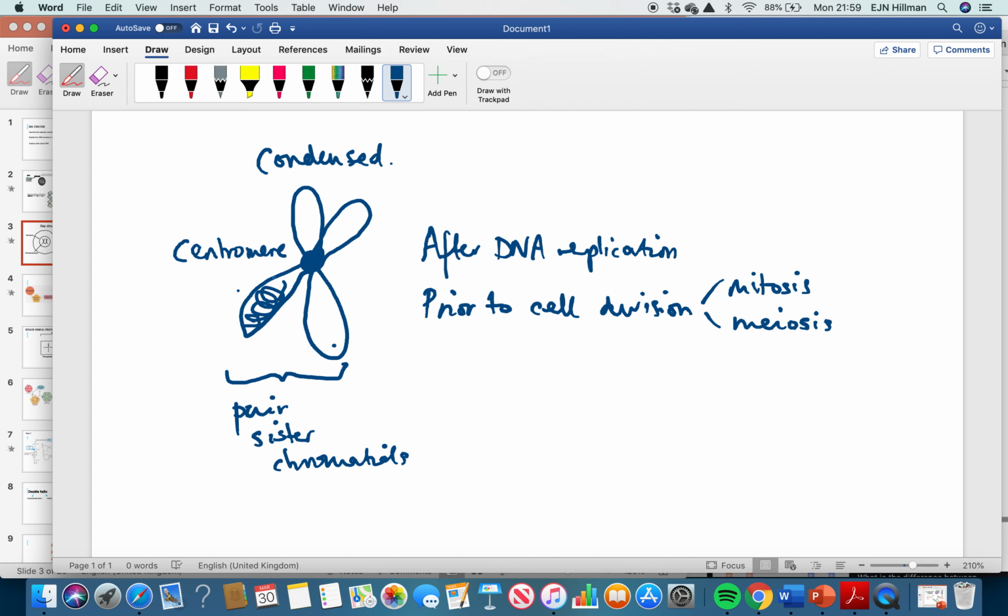So what we've got to imagine in here is just one wound up molecule of DNA there, which is identical to a wound up molecule of DNA in here. Okay, they are the product of DNA replication. So one sister chromatid contains DNA which is identical to the second sister chromatid.